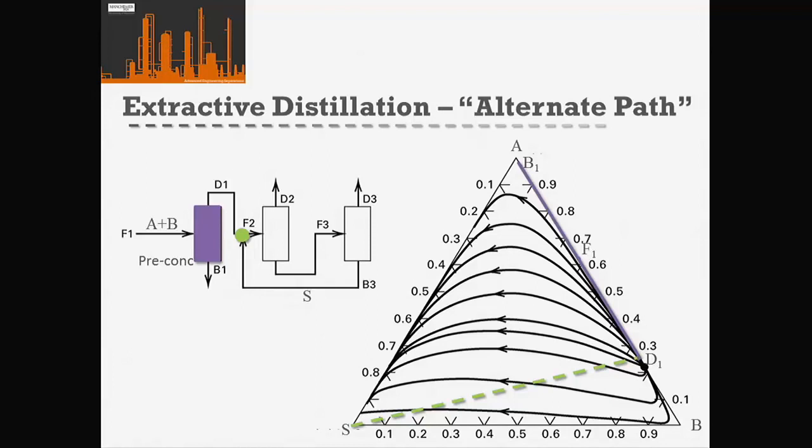So all we're doing here is at this mixing point, we're adding pure solvent to our distillate from our first column, okay? So if we draw a straight line between our pure solvent composition and our distillate composition, what we know is that this combined F2 composition must lie somewhere on this dashed green line, okay?